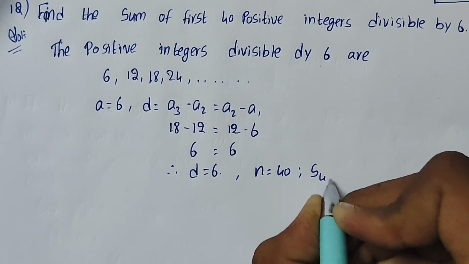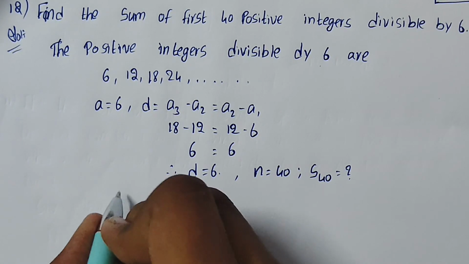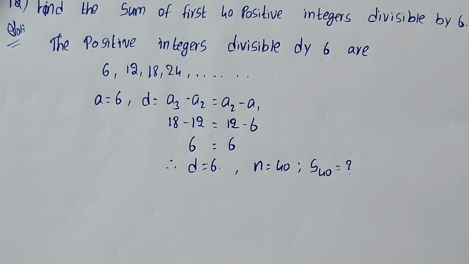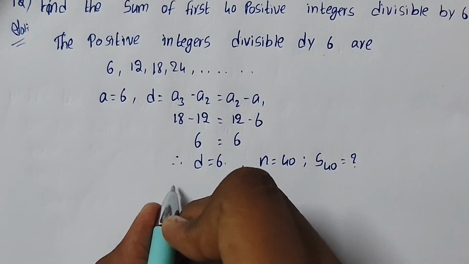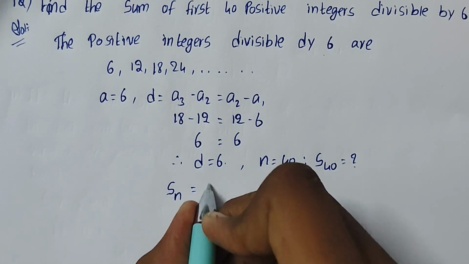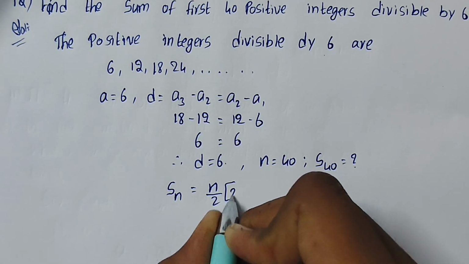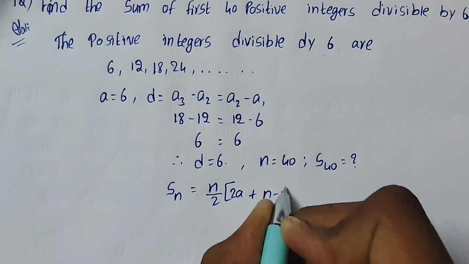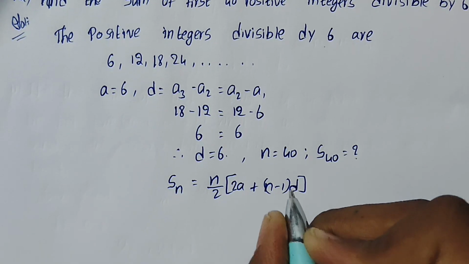After that, we have to find S40, the sum of 40 terms. We know the formula to find the sum of n terms, that is n by 2 into 2a plus n minus 1 into d. Understand?